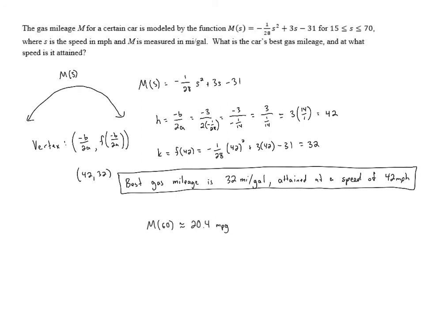So we get a better gas mileage when we're driving on the city streets at 42 miles per hour than if we're driving on the freeway at 60 miles per hour. This is why a lot of commercials will give the city gas mileage amounts, because it's going to be a bit higher than when the car is overexerting itself on the freeway.